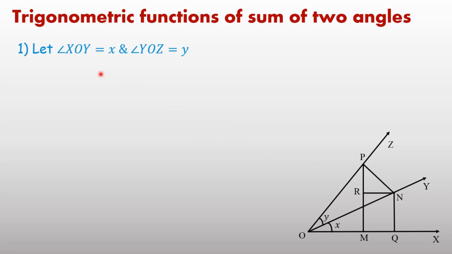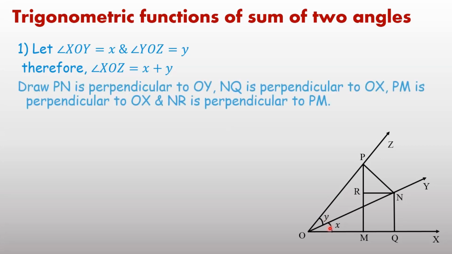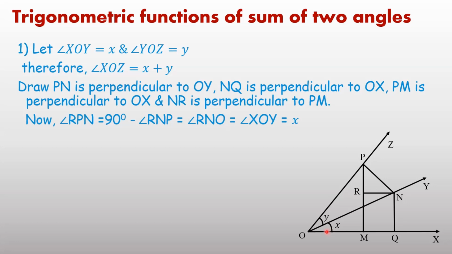Just concentrate here. Angle XOY is small x and angle YOZ is Y. Therefore, angle XOZ, this whole angle, is X plus Y. Construction discussed. Now just concentrate on this angle. PRN is a right angle triangle and this angle is 90 degrees.